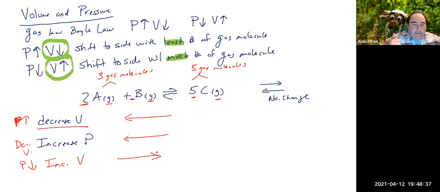Okay, so we talked about volume and pressure. We talked about concentration. The last really major stress that occurs in a system that's at equilibrium in Le Chatelier's principle is temperature. And temperature works the same as concentration.